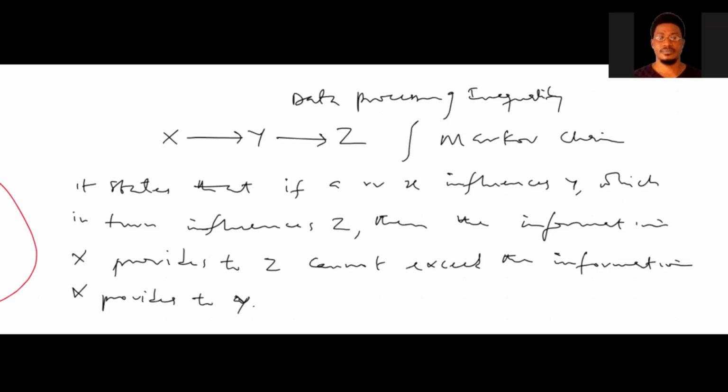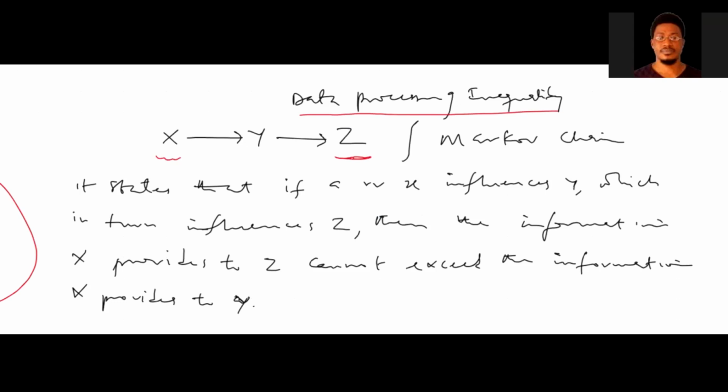Now, we've talked about entropy, we've mentioned their properties, then we've also talked about mutual information and its properties. So how does this really apply now that we have to play with processing of data?